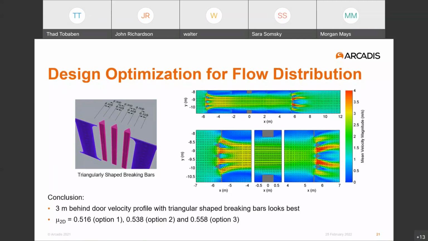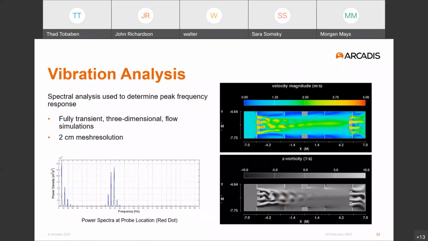The other thing that we wanted to address before the design was finalized were concerns related to vibration. And the idea here was that some of the mechanisms that are used to control the sluice gate opening and closing can be affected by vibrations.